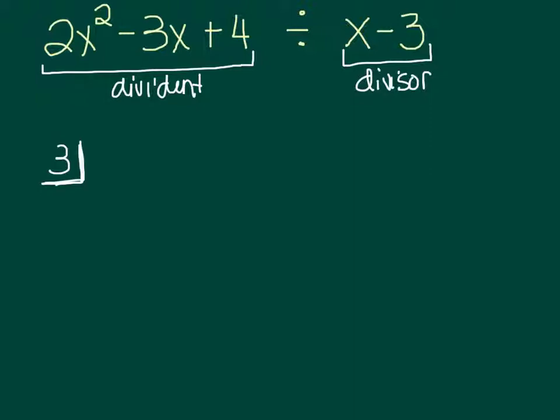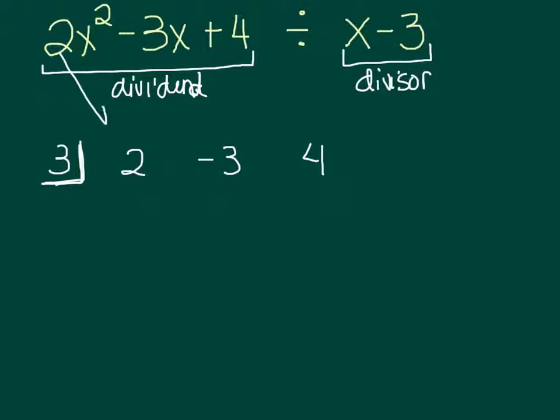Okay. Now the next part will be to look at the dividend. And again, I'm going to focus on the numbers, not the x's. So I'm just going to copy down my coefficients.